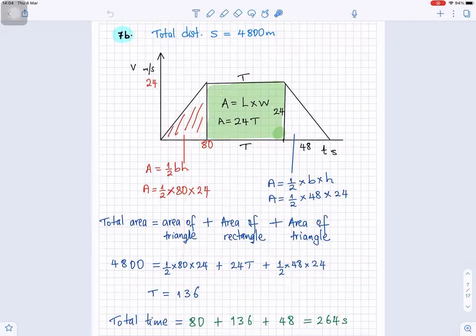Area of the rectangle, base times height, 24 times T. And area of the last triangle, half times 48 times 24. And that gives you 136 for T. And you will get the total time by adding 80 plus 136 plus 48. You get the same 264 seconds.